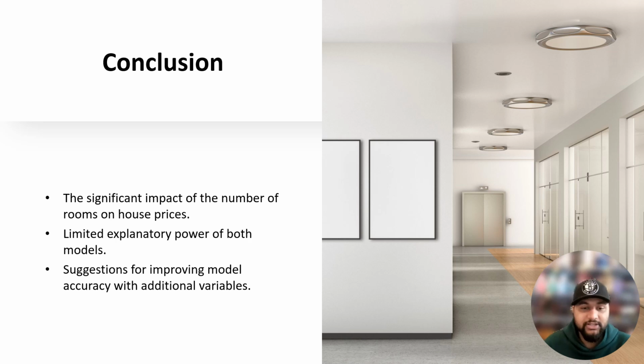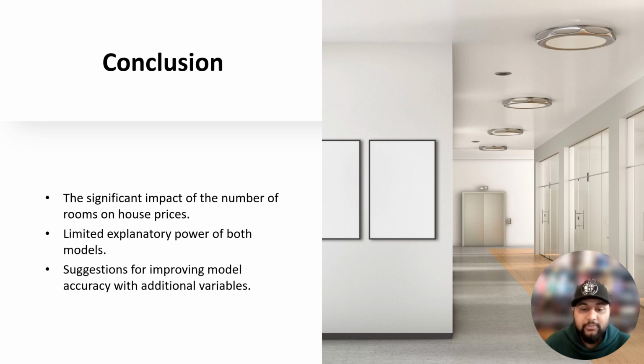Then lastly, we have the conclusion. To conclude, both the simple and multiple linear regression models reveal that the number of rooms is a significant predictor of house prices. However, both models explain only a small portion of the variability in price, as reflected in their low R-squared values.